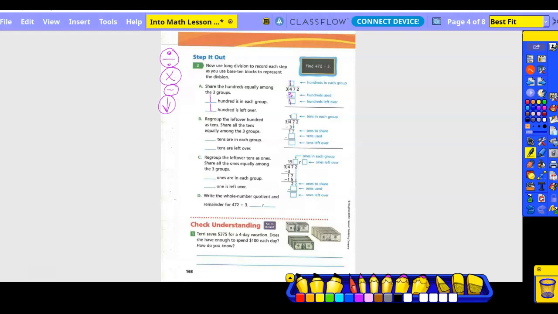So they brought down the 17. Now we need to know how many times does 3 go into 17? 5 times. So I'm going to put a 5 up here, and I just divided. Now what do I do? Multiply 5 times 3, which is 15.